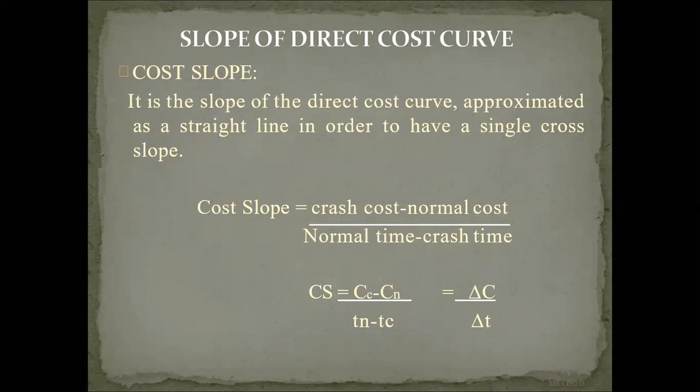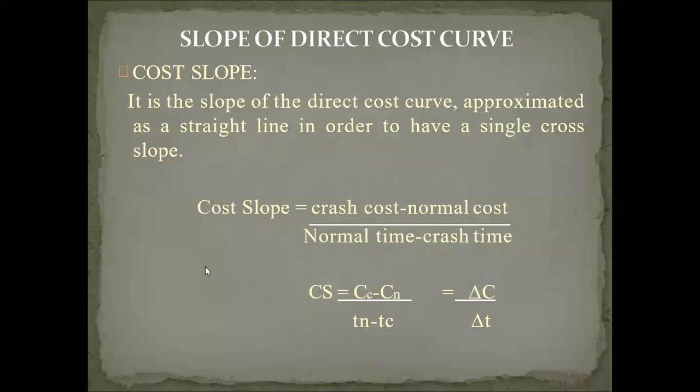So 2 lakh divided by 3 months, per month, 66,000 or 67,000 something will be the slope. That is called delta C by delta T, the difference in cost divided by the difference in time. That is CS, the cost slope.